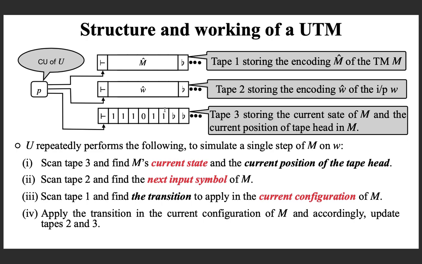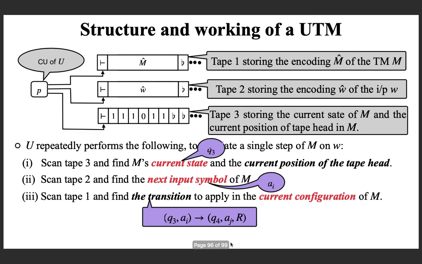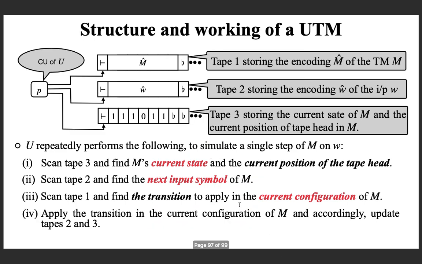Previously it was at the second input symbol. Now if it is right, it should be changed to the third input symbol. Okay, and also you have to replace the current input symbol with the symbol to be placed there, and that you can do in the second tape. Okay, that is how it can simulate.